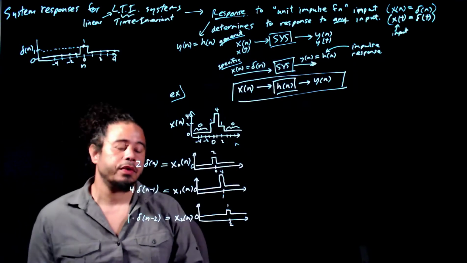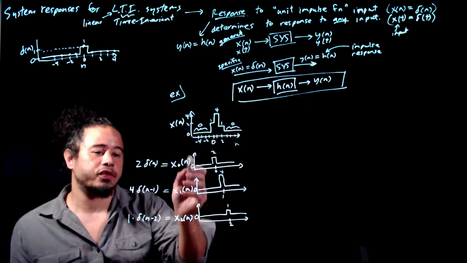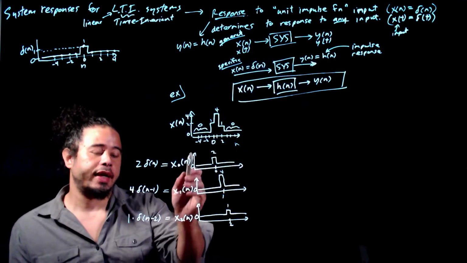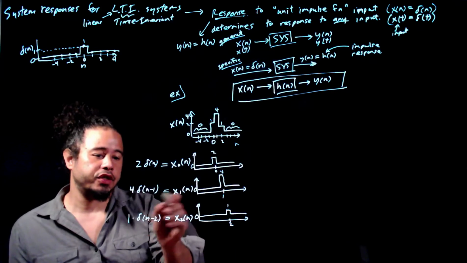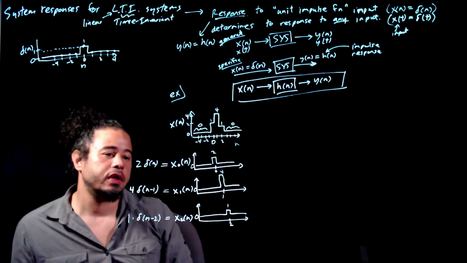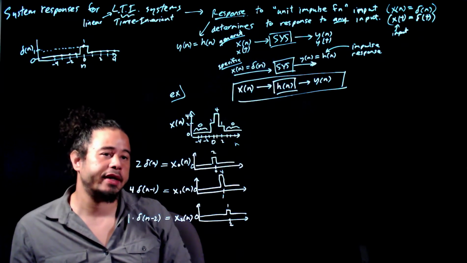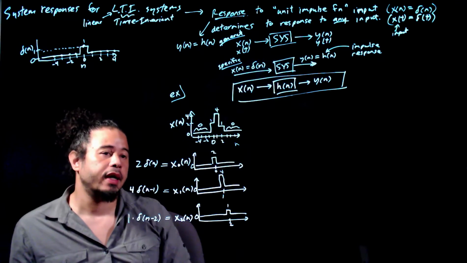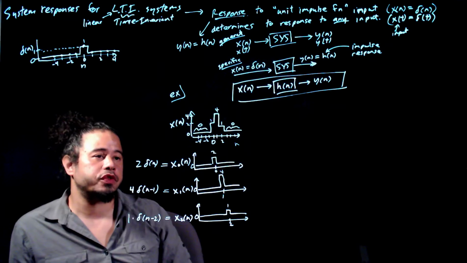Okay, so now that we have this x of n broken down in this way, as a sum of scaled and shifted impulse functions, we can make use of the properties of linearity and time invariance to determine what the response is. Remember that linearity has two tenets.